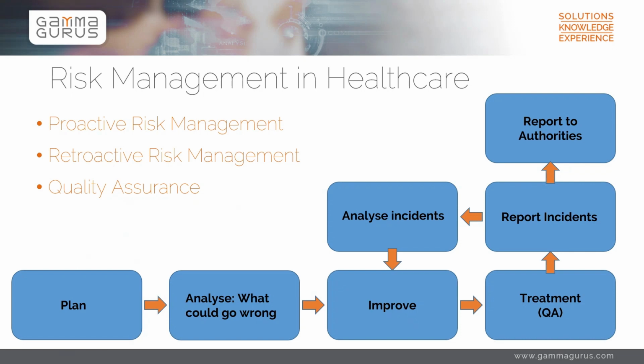These need to be reported and analyzed so we can ultimately improve the process and minimize the chance of such issues reoccurring. To break the chart down, along the bottom is your proactive risk management. The square in the middle, making the square, a weird expression, is your retroactive risk management, and your QA is down the bottom right.